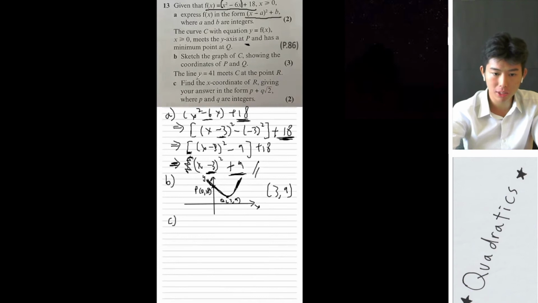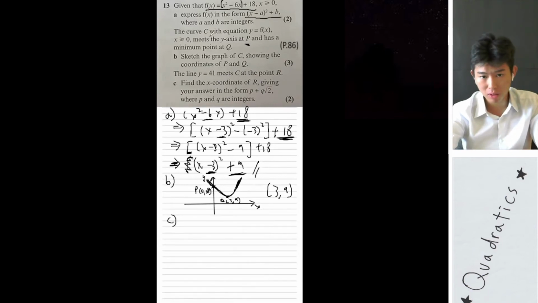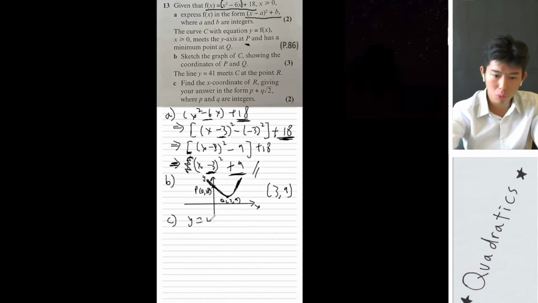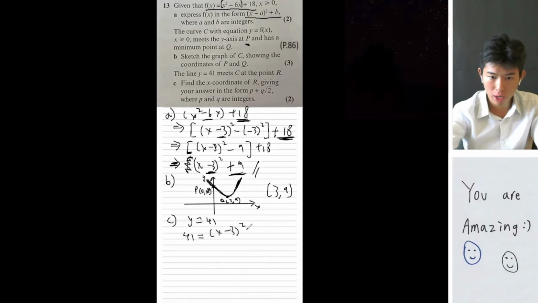Okay, for the part C, they say when y is equals to 41, it meets the curve C at the point of R. So they want us to find the x coordinate. Okay, so when y is equals to 41, okay, and 41 would be equals to x minus 3 square plus 9.